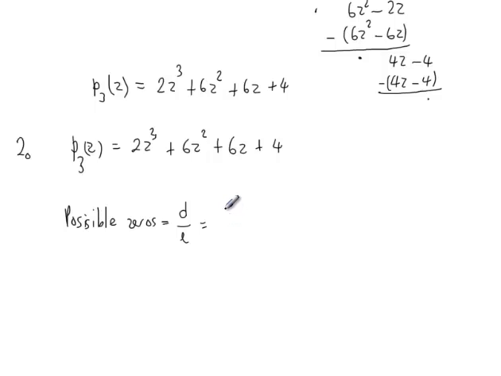So what are we going to have here? We're going to have plus minus 4 over plus minus 1, then plus minus 2 over plus minus 1, then plus minus 1 over plus minus 1.